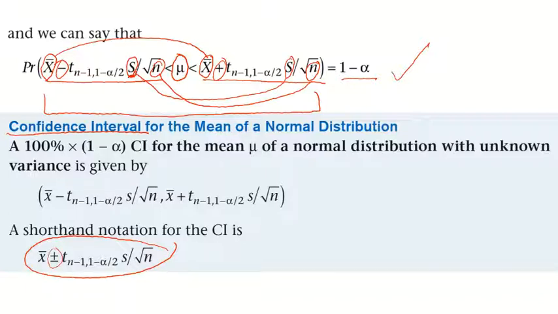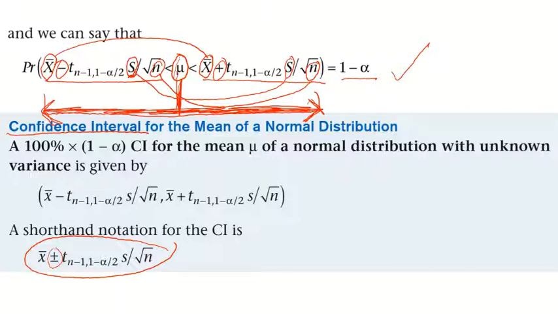Okay? So if we just observe this particular expression, we will be able to get a confidence interval or an interval estimate, as I am drawing the line here. This is the interval for our population mean here in the middle.